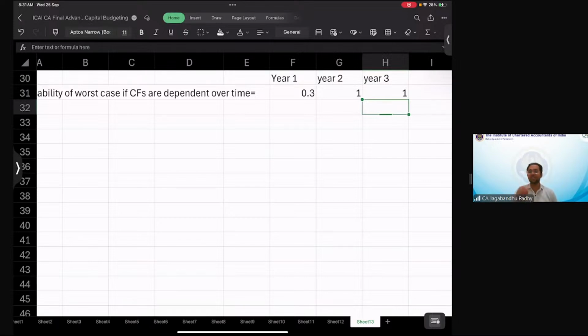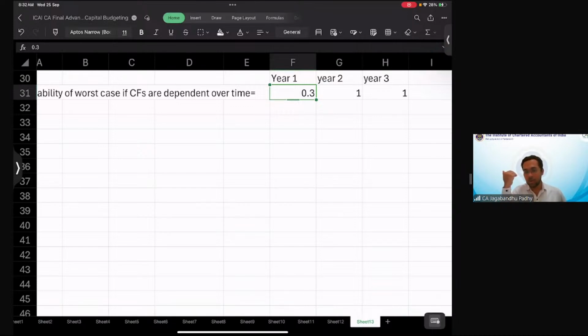I'm continuously stressing upon that aspect, guys. In year 1, you receive worst cash flow. Now, year 1 was something which was a Pandora's box, which you don't know. So you just opened it and it turned out to be worst. So the probability for that is 0.3. Now, we know that if it has turned out to be worst in year 1, in year 2 and year 3, it's going to be worst. Definitely it's going to be worst.